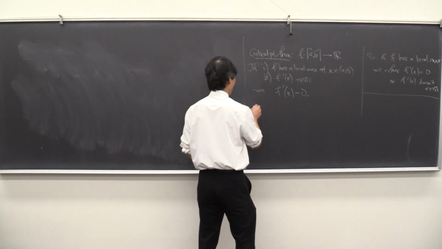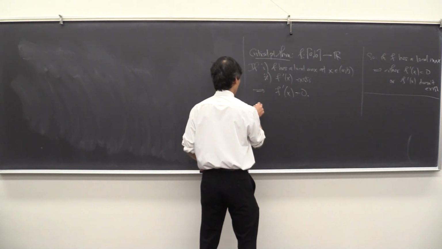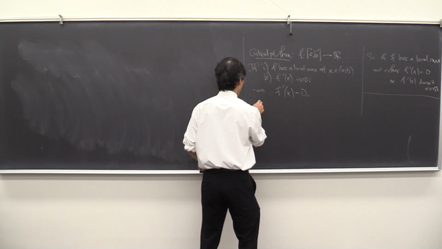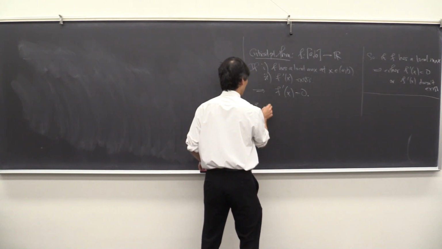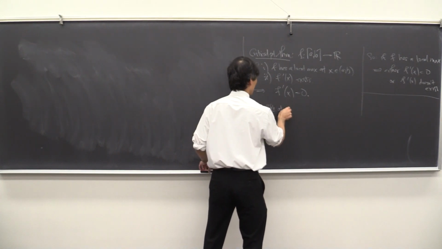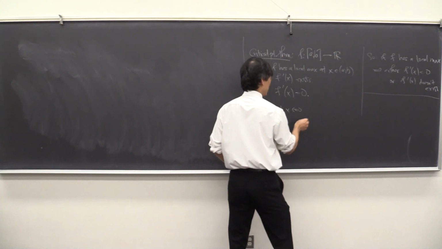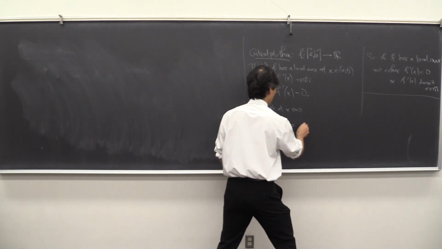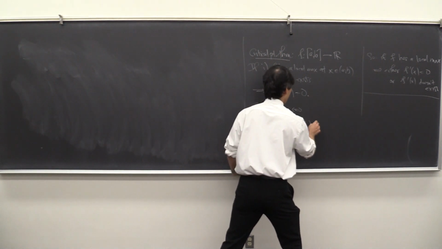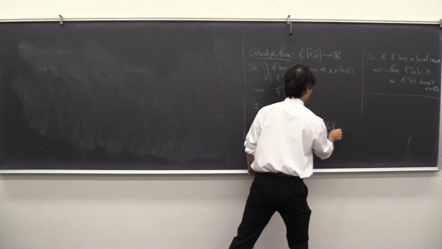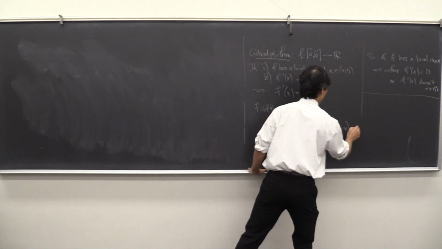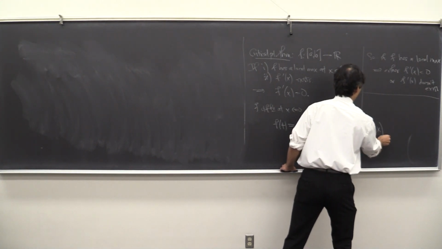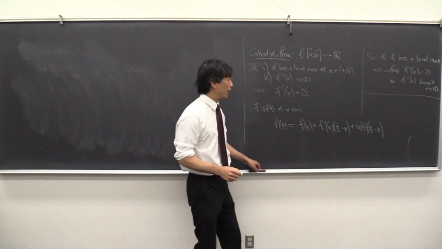Remember the alternate viewpoint, that f differentiable at x is the same thing as saying that f(t) = f(x) + f'(x)(t - x) + some function times (t - x).